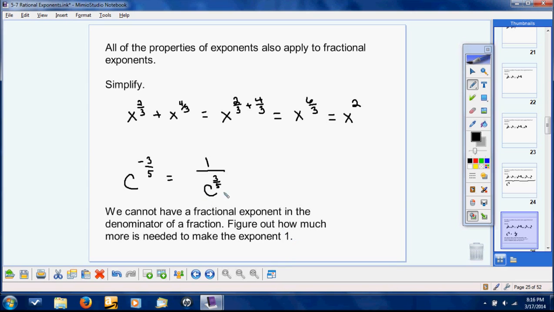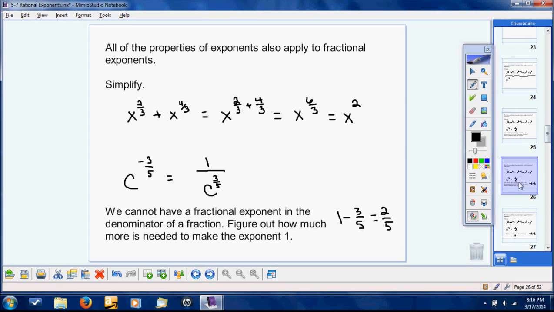So in order to find out how much more is needed to make 1, all you need to do is subtract. If you take away 3/5 from 1, that gives you 2/5. 2/5 is how much more you need. Okay. Alright, so let me say that one more time. We can't have a fractional exponent.